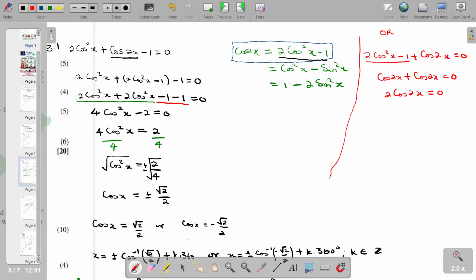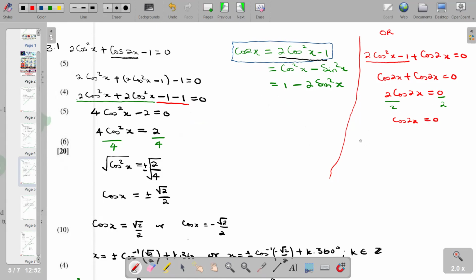Then from there, we are going to be left with dividing both sides by 2. If you divide here by 2, divide here by 2, we'll be left with our cos 2x being equal to 0.